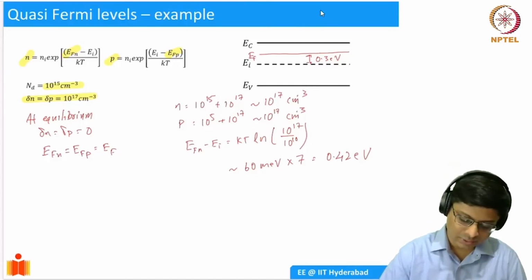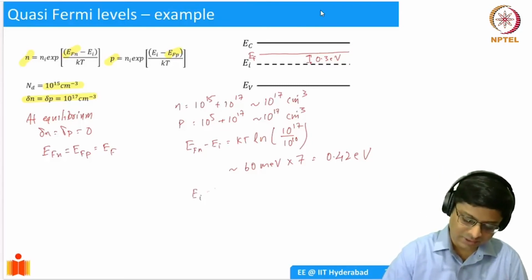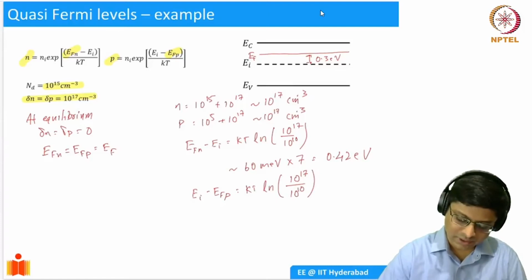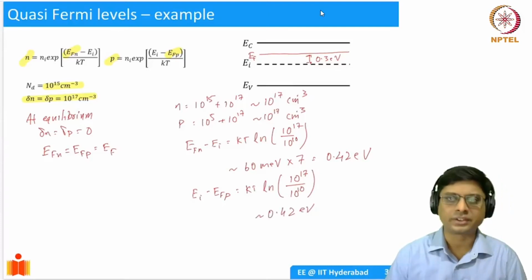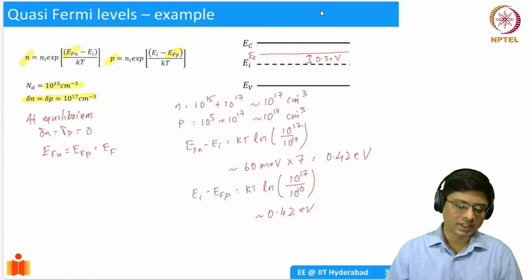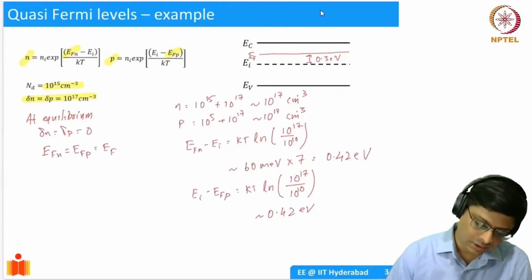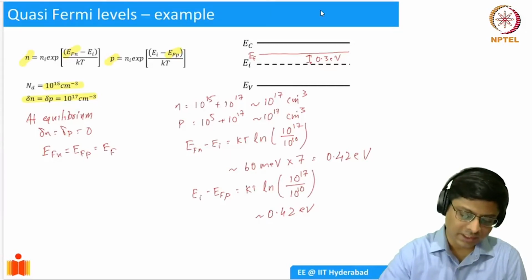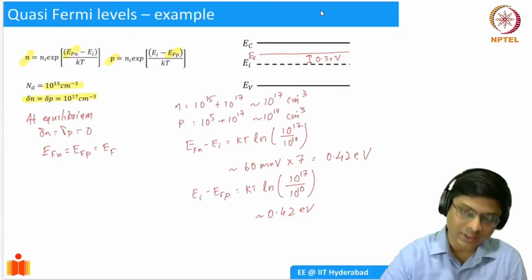Similarly, you could do a calculation for EI minus EFP. This will be KT ln of 10 power 17 divided by Ni, which is 10 power 10. Again, this will be equal to 0.42 eV. Same calculation. So what this is telling us is, whenever you have a non-equilibrium situation, we can represent that by quasi Fermi levels.